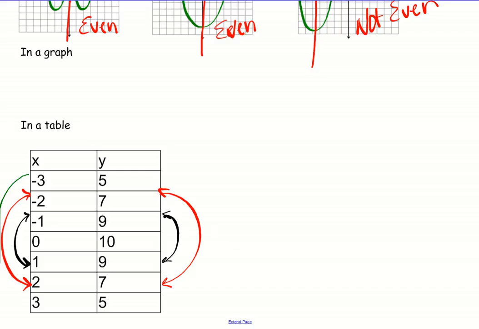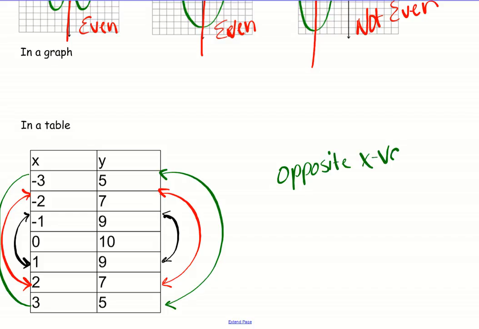So this is how we can tell in a table of values: opposite x values give the same y values.